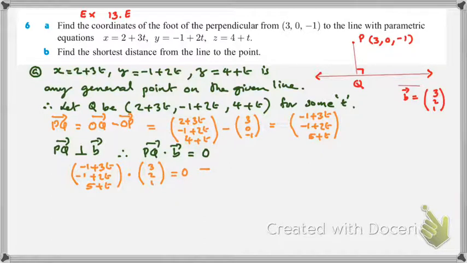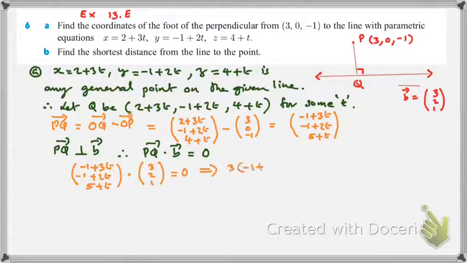Now how do you take the dot product? We multiply the i coefficients together, plus we multiply the j coefficients together, plus we multiply the k coefficients together, which means 3 times (-1 + 3t) plus 2 times (-1 + 2t) plus 1 times (5 + t).